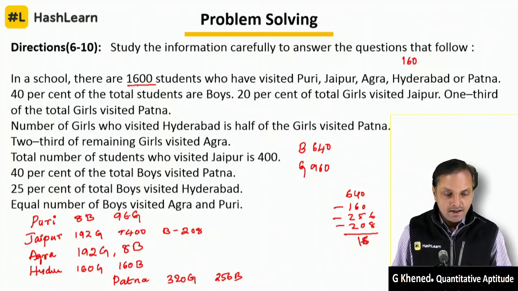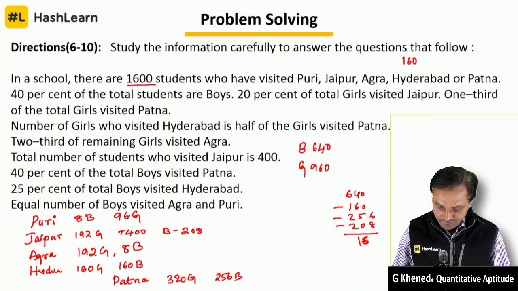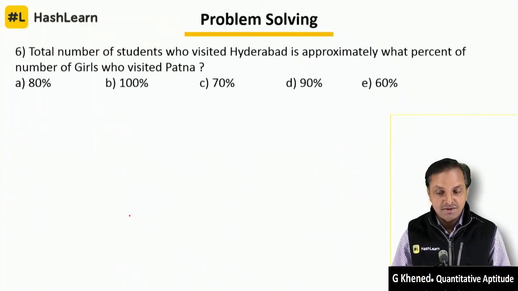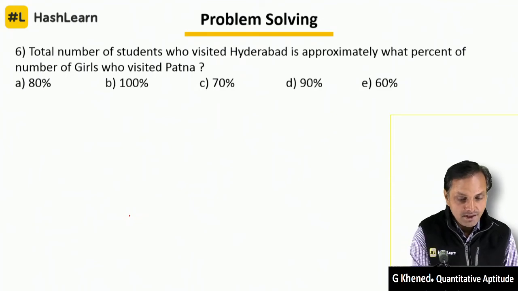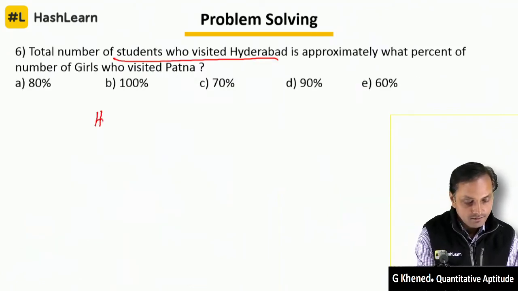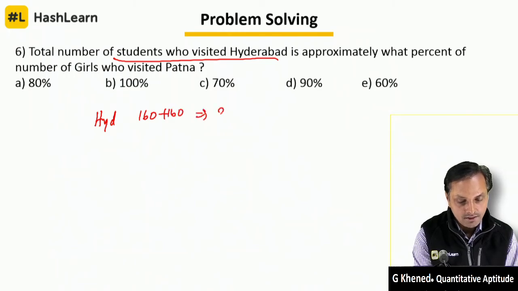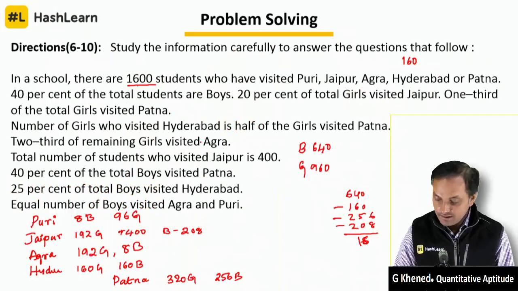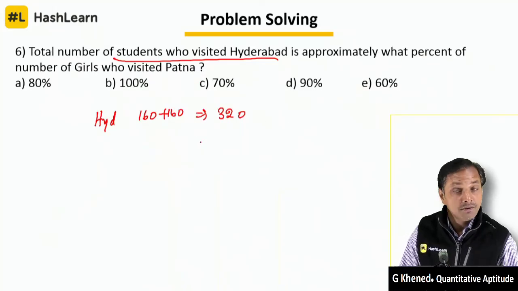So here is problem number 6. The total number of students who visited Hyderabad is approximately what percent of the number of girls who visited Patna? Hyderabad is 160 boys plus 160 girls, that is 320, and they are asking you the number of girls who visited Patna.